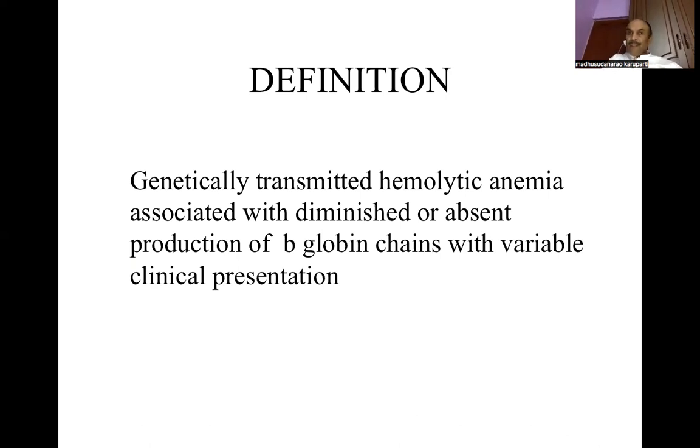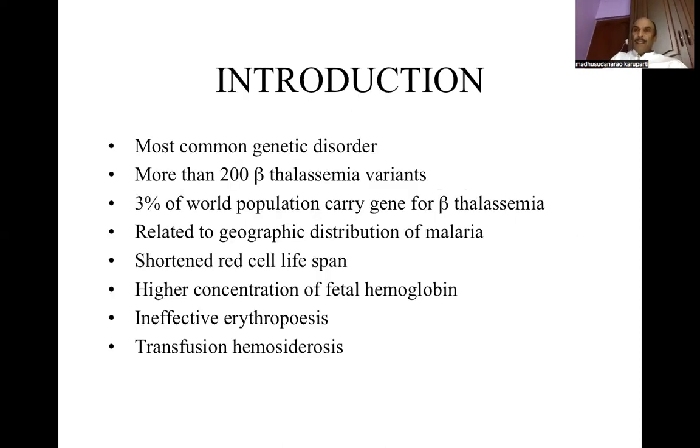That means there is a defective gene that controls the synthesis of beta globin chains. Beta globin chains pair with the alpha globin chains, 2 beta globin chains and 2 alpha globin chains. They constitute the adult hemoglobin.